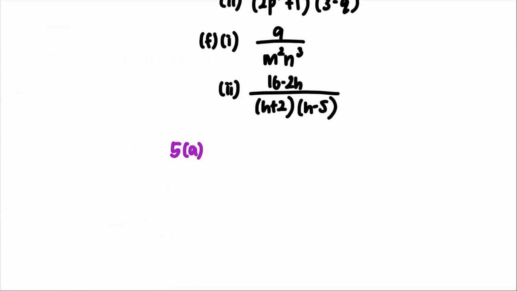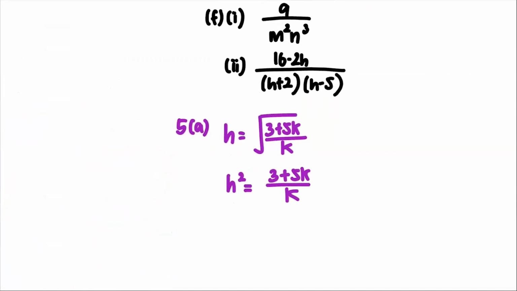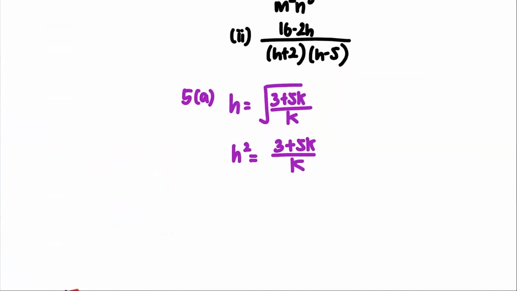5a. We have h equals the square root of (3 plus 5k) over k. This is very similar to the example that we did earlier. So we remove the square root: h squared equals (3 plus 5k) over k. Let's cross multiply: h squared k equals 3 plus 5k.